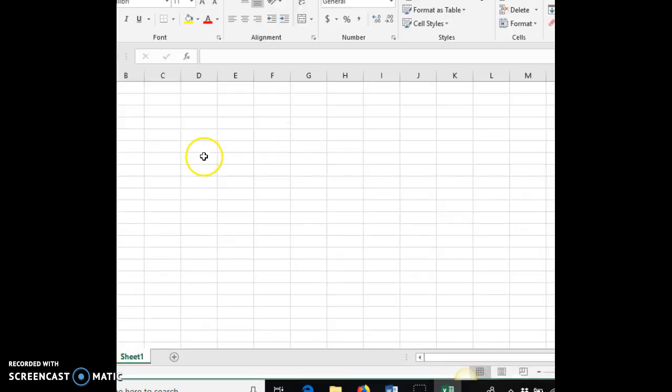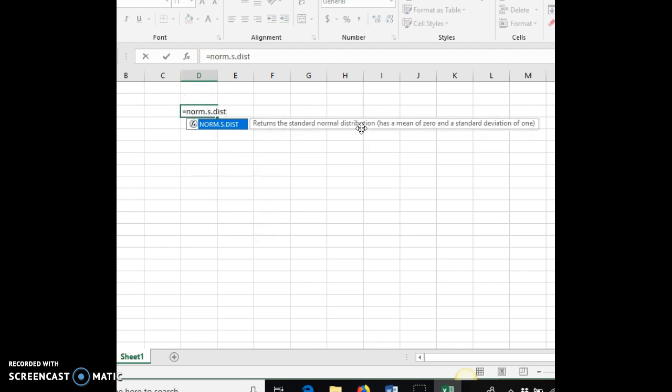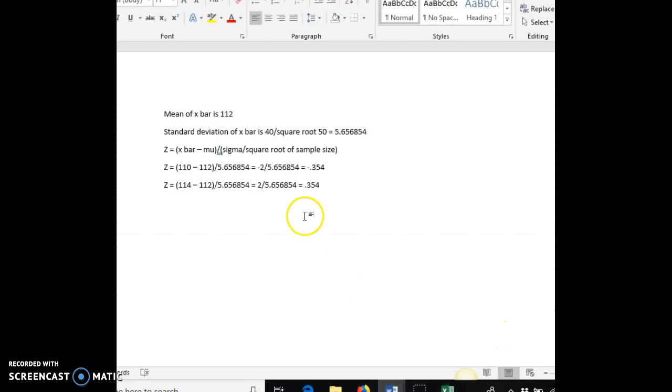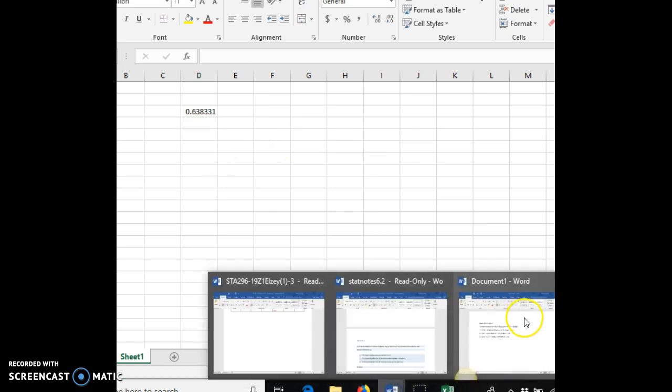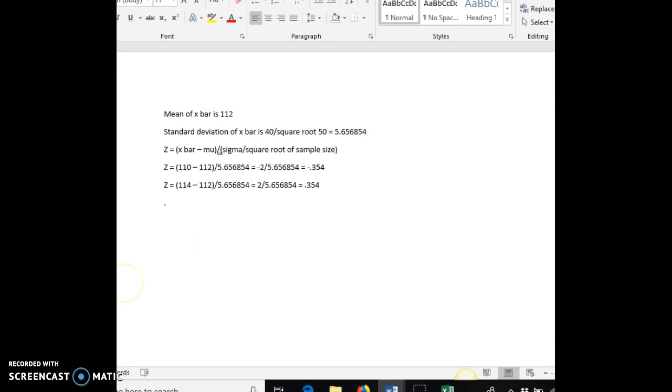So if we go to Excel and in any of the places we put equal, norm.s.dist, my z value was from back here, 0.354, and I want to put true, and I get a probability of 0.6383. Now I'm going to go ahead and put that back here, 0.6383. We know we're going to subtract off whatever we get for the -0.354.